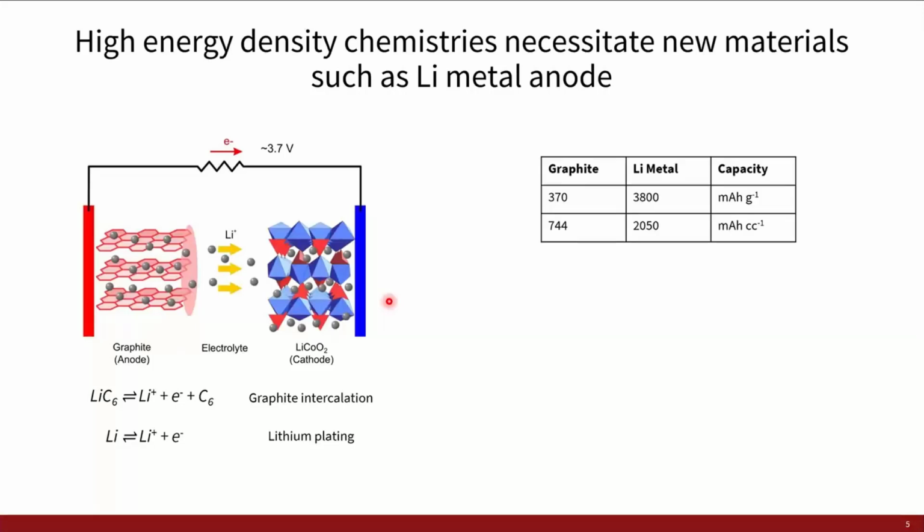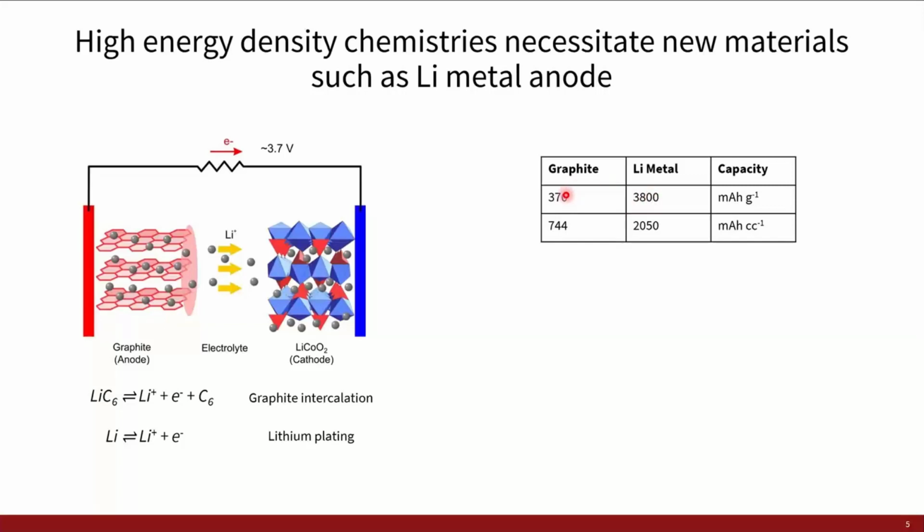Looking at alternative chemistries, we can immediately think of one that is very promising, and that's the lithium plating reaction, where we can remove all of that carbon, all of that dead weight, and store lithium ions in the form of elemental lithium or lithium metal. In terms of gravimetric capacity, we can store 10 times more lithium in the form of elemental lithium compared to lithium intercalated into graphite.